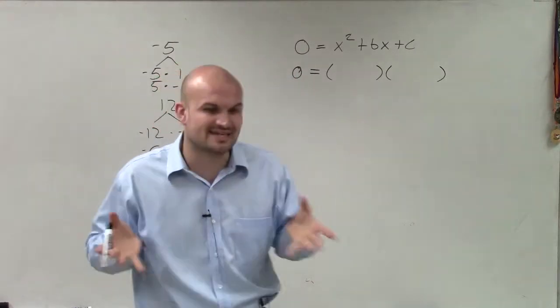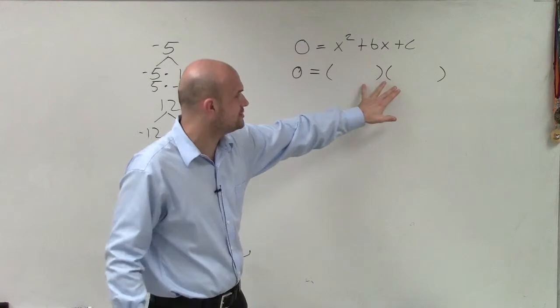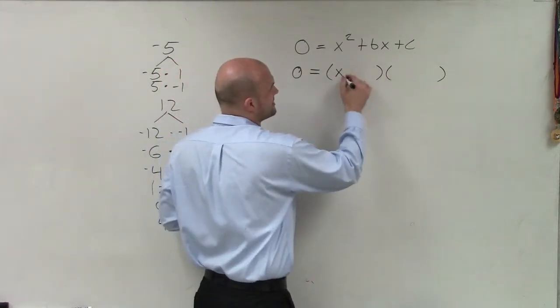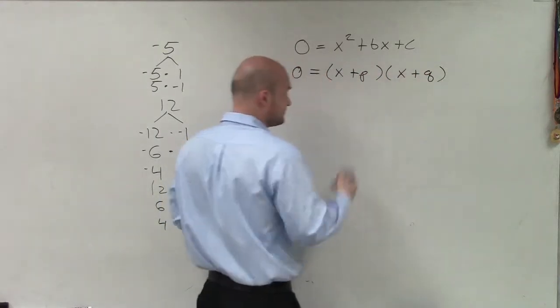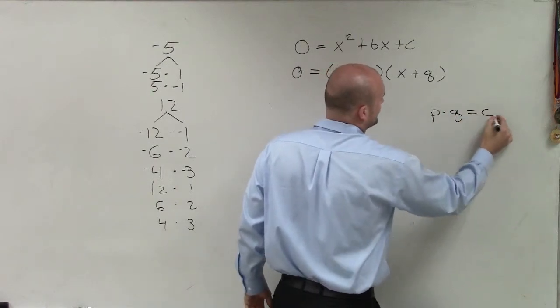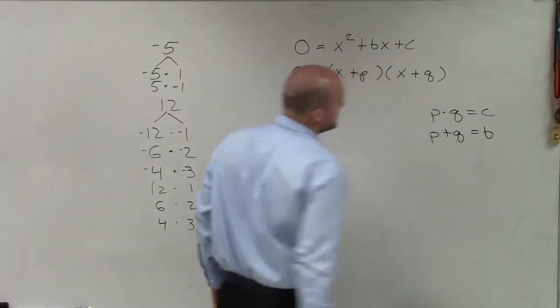But what we want to do is get this into factoring where the product of our two factors equals 0, because then what we'll do, let's just pretend this is x plus p and x plus q. And p and q, what that would mean is p times q equals c, and p plus q equals b. All right?